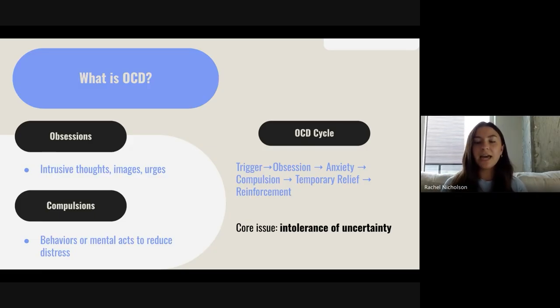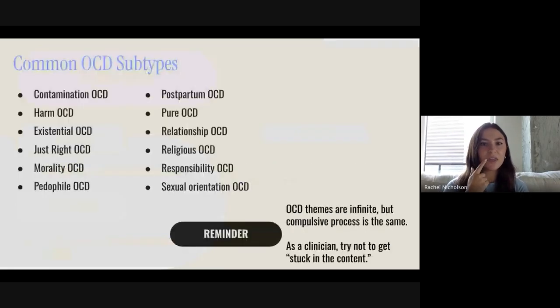That's just because we can't ever have 100% certainty with anything in life. So the really core issue is the intolerance that a client will have to uncertainty, because of course that feels uncomfortable. But we have to teach them how to be okay with this. So that's the cycle of OCD.